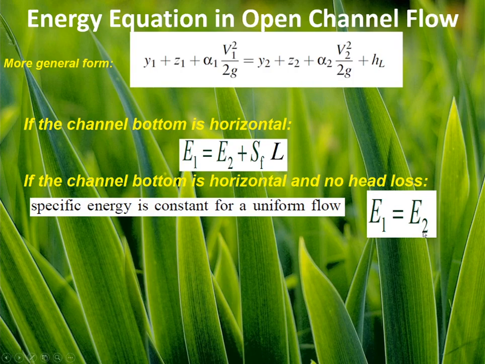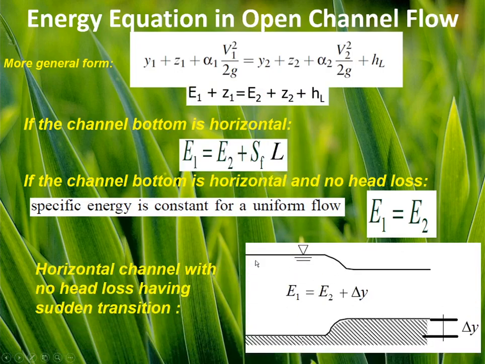This is another equation, very important and useful to solve a variety of problems in this chapter. Here we have another equation: E1 plus Z1 equals E2 plus Z2 plus hL. In fact, this is the representation of the energy equation with respect to the definition of specific energy.